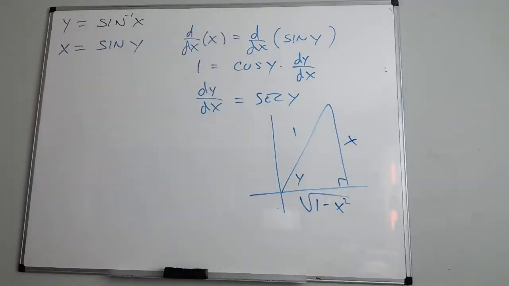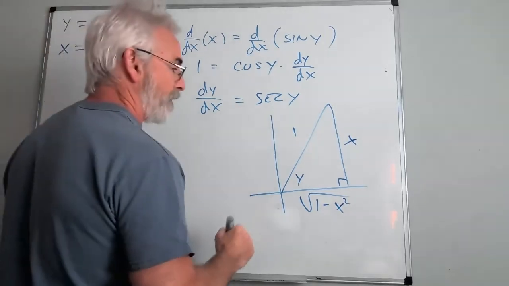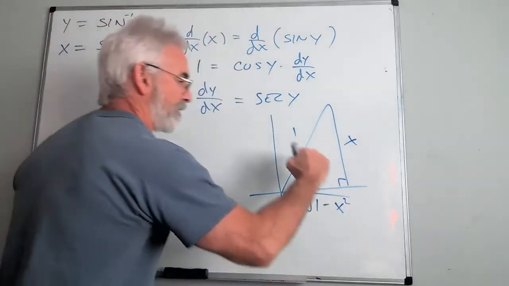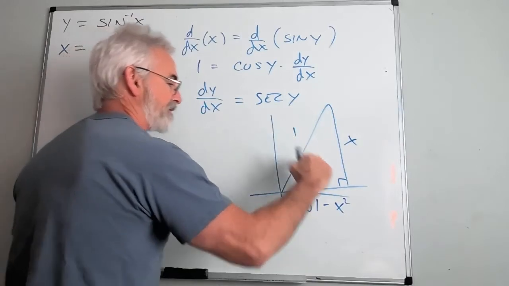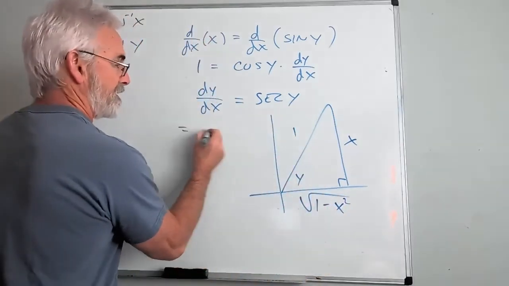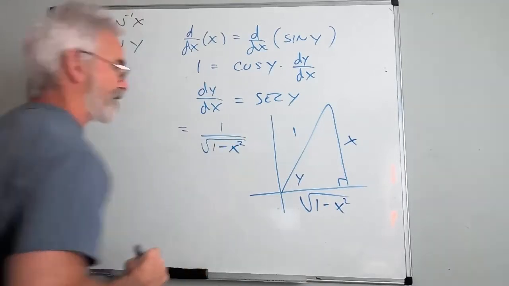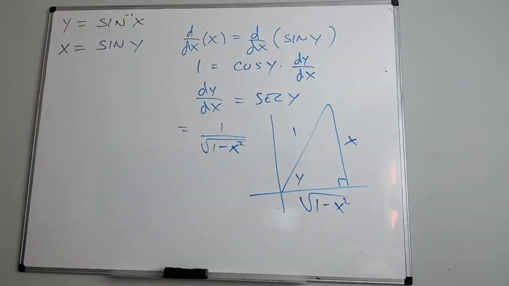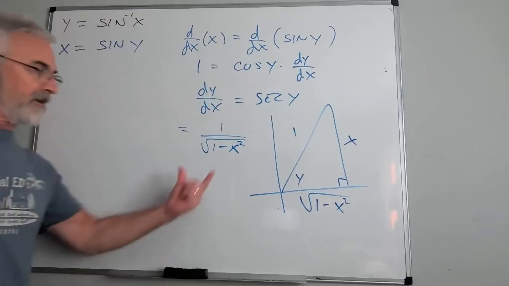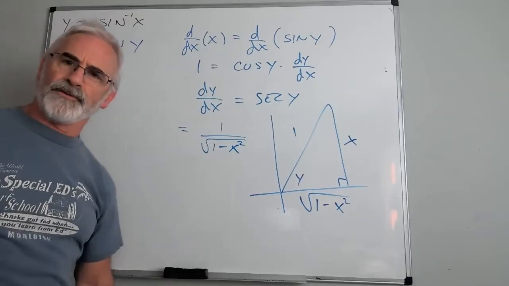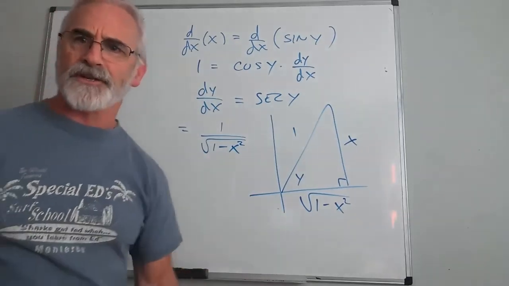Now, what else do I know? I know that cosine is this over this, so secant is this over this. So when all said and done, the derivative of the inverse sine is 1 over the square root. And again, nothing trigish in my answer.